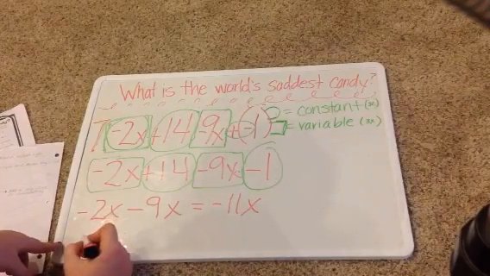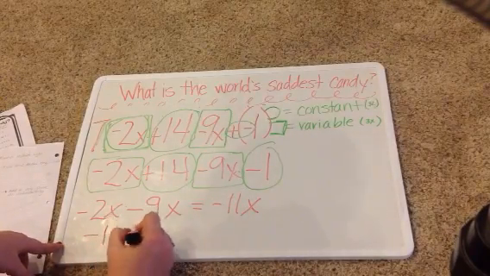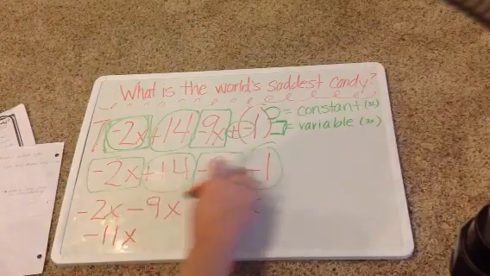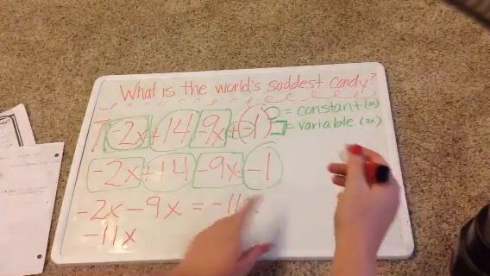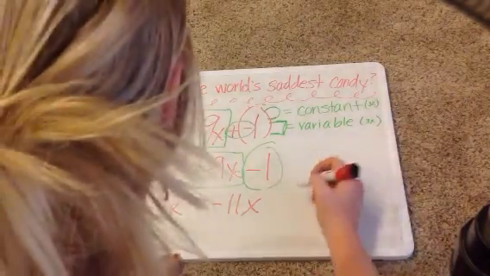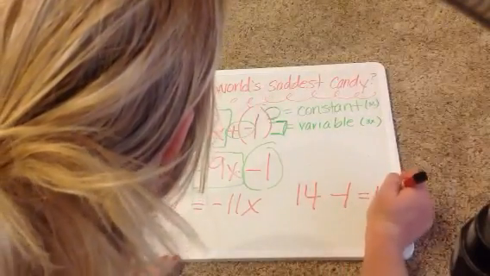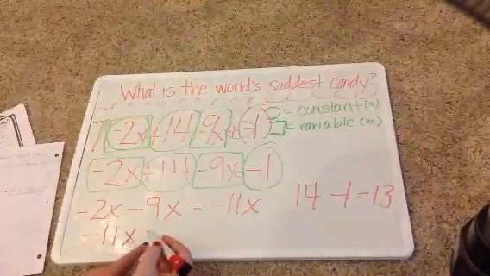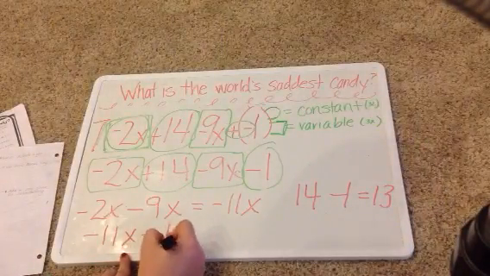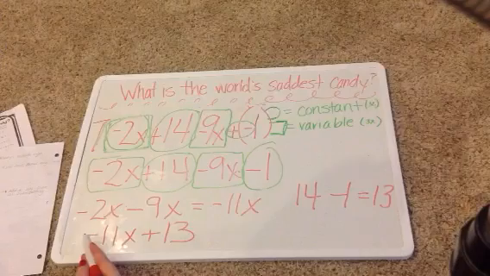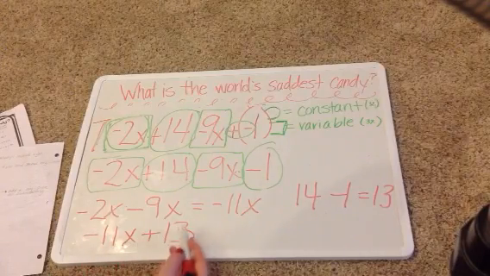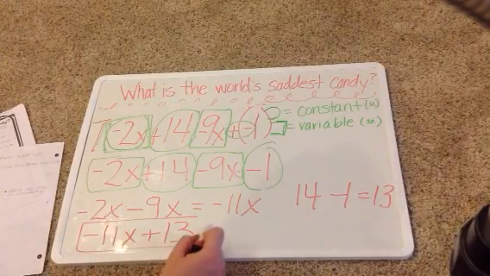So we have our variable number here. We also need to show work for this. So I'm going to write mine to the side, but make sure yours is underneath here. So we have a 14 minus 1, which is going to give us positive 13. So we're going to take this and add it to the bottom. So we have negative 11x plus 13 as our final answer.